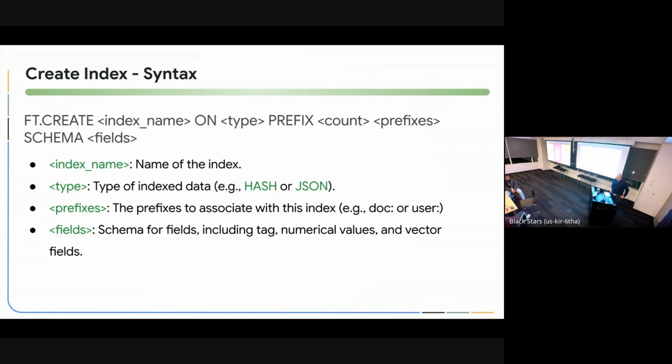So the commands that we have are a subset of the Redis search. We maintain the same semantics. Our philosophy is, if we're going to do something, and the way that Redis search did it works, then we should do it the same way. There are a few places where we think maybe it didn't quite work right.